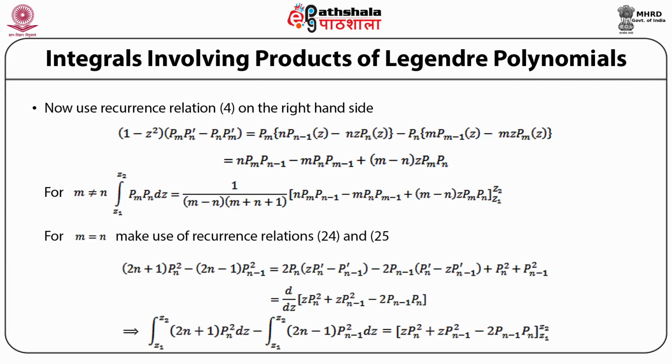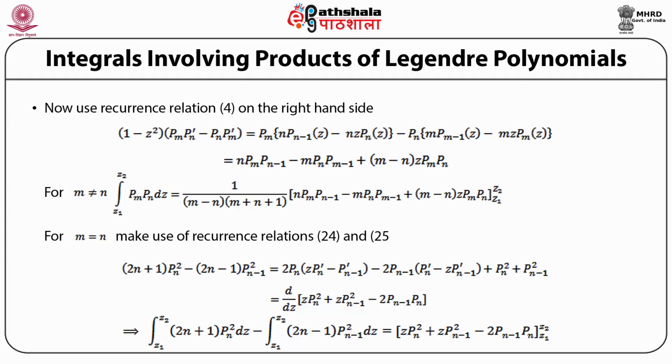When m is equal to n, we make use of recurrence relations 1 and 2, from which we get (2n plus 1) Pn² minus (2n minus 1) Pn−1² equal to 2 Pn (z Pn′ minus Pn−1′) minus 2 Pn−1 (Pn′ minus z Pn−1′) plus Pn² plus Pn−1².